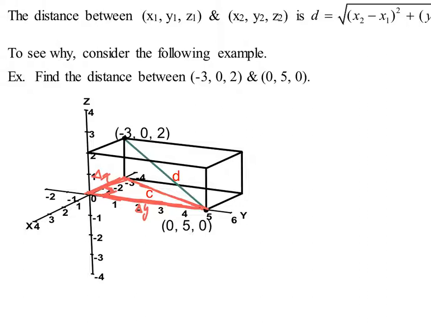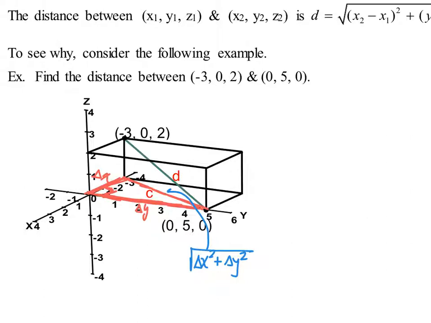The hypotenuse, we could define it as a new variable, or we could just say what it would be algebraically. It's the sum of the squares as a root. So it's the square root of delta x squared plus delta y squared.